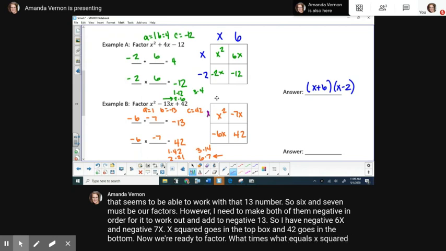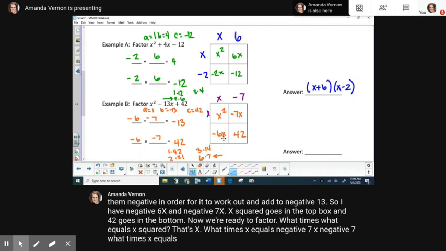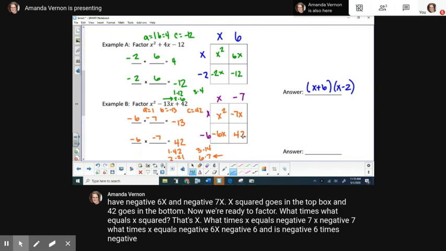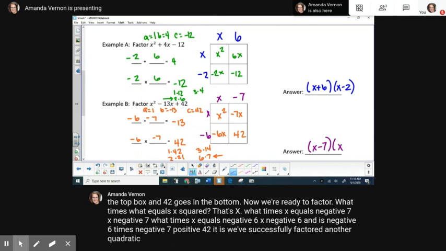That's x. What times x equals -7x? -7. What times x equals -6x? -6. And is -6 times -7 positive 42? It is. We've successfully factored another quadratic, x minus 7 times x minus 6.